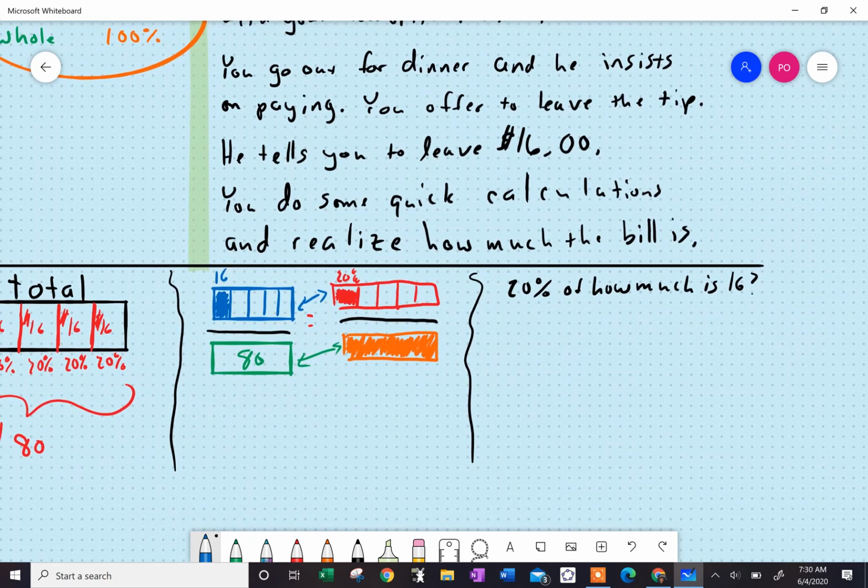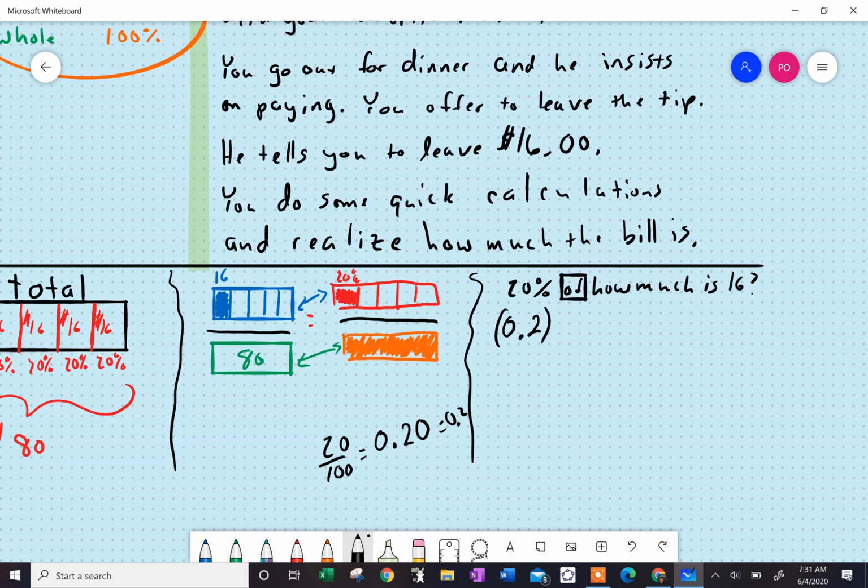The other way of doing this, which is actually quite clever and probably the simplest of all, is just know that 20% can be rewritten as a decimal. 20% is really 20 out of 100. And you should know this. 20 out of 100 is really 20 hundredths, which is the same as 2 tenths. So I can rewrite this as 0.2, 2 tenths, of, in this case, means to multiply.